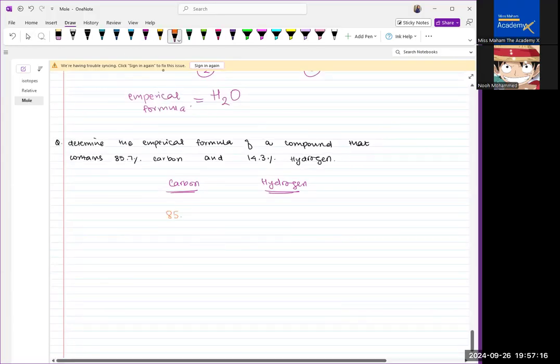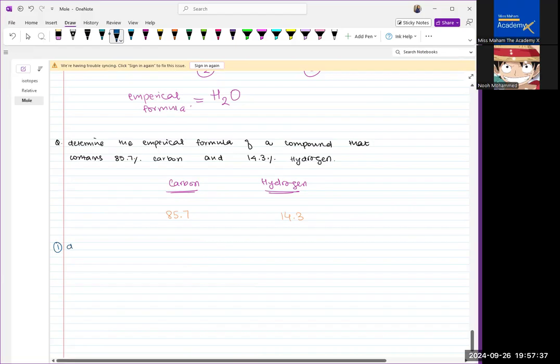Carbon they've given us 85.7%, and hydrogen they've given us 14.3%. The first step is to divide both of these numbers by their atomic masses.